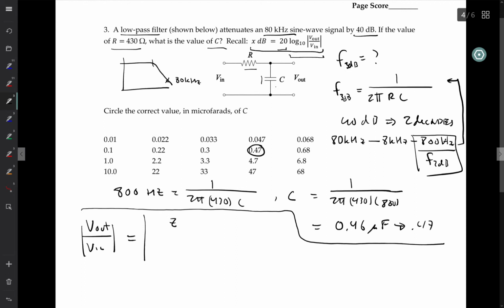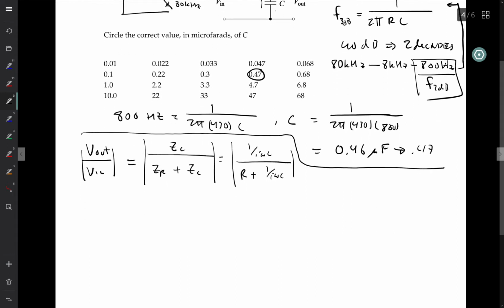So that's going to be ZC divided by ZR plus ZC, which is equal to 1 over I omega C divided by R plus 1 over I omega C.